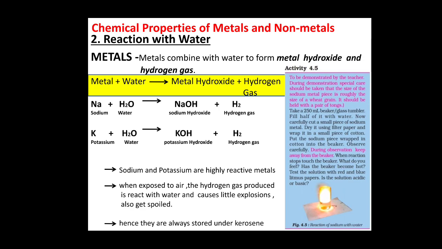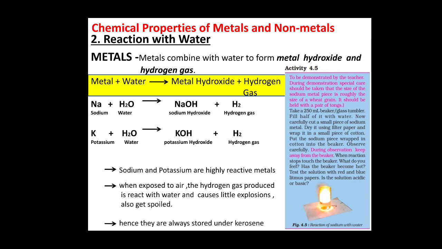After knowing about these reactions, let us perform one of the activities, that is activity number 4.5 given in your book on page number 48. Here what we have to do is take a 250 ml beaker or a glass tumbler and fill half of it with water. Now carefully cut a small piece of sodium metal.